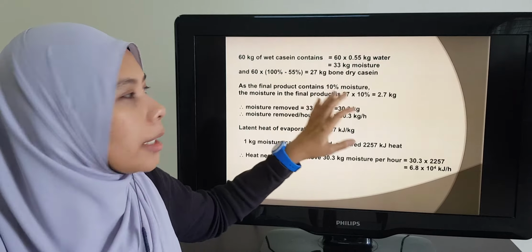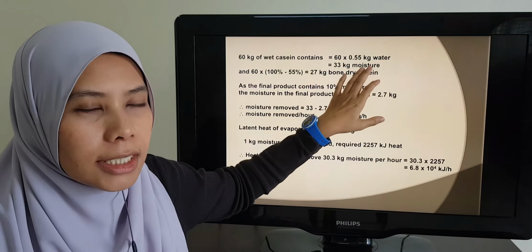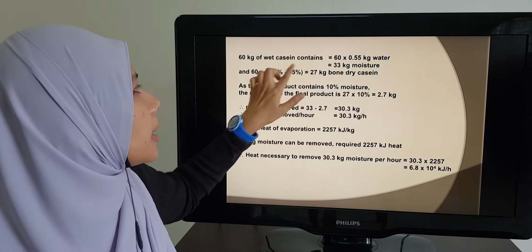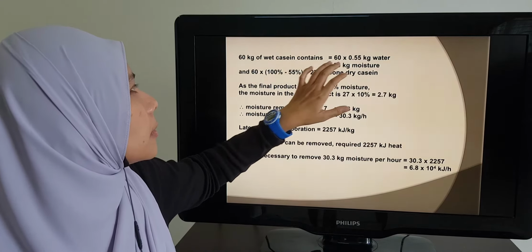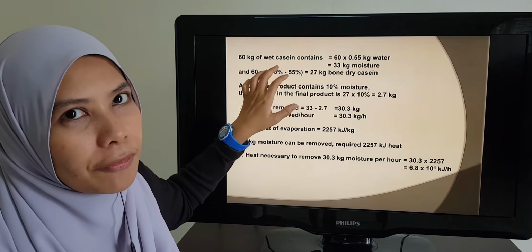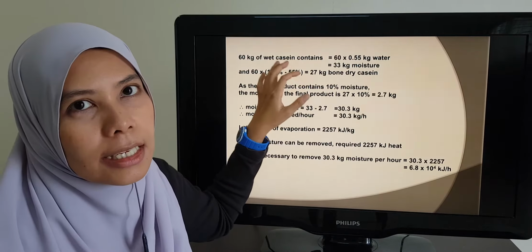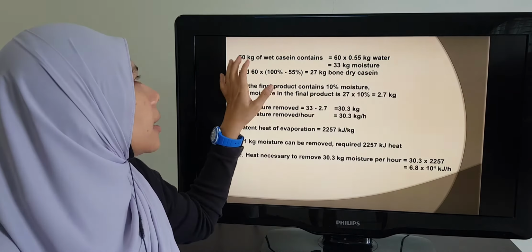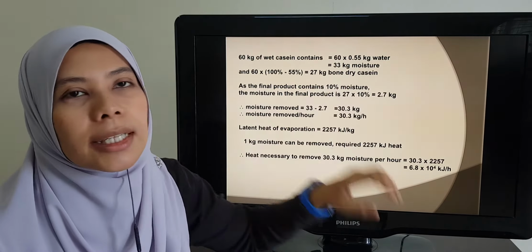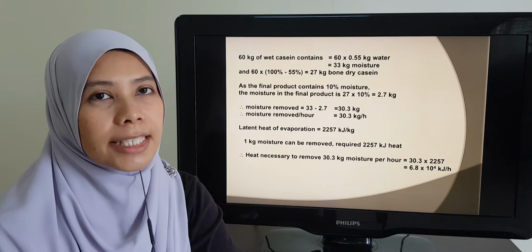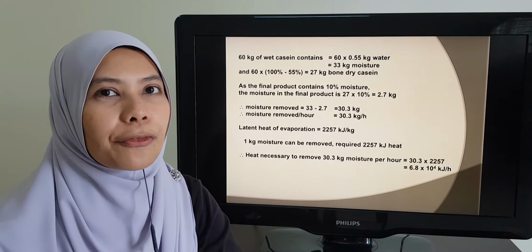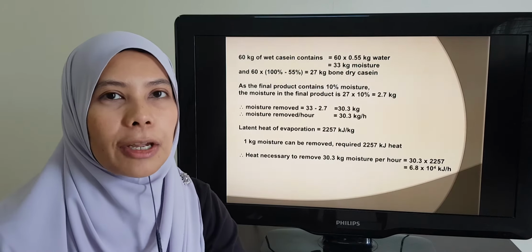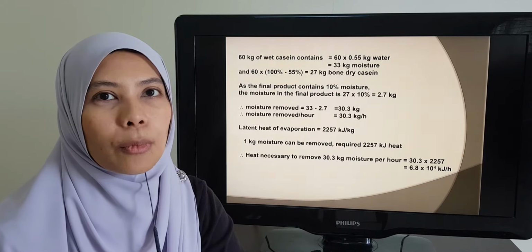So 60 times 0.45, you will get 27 kilograms. Similarly, 60 minus 33 also gives 27 kilogram of casein. That is represented by 45% out of 60 kilogram of wet casein, and the 55% of wet casein is moisture.